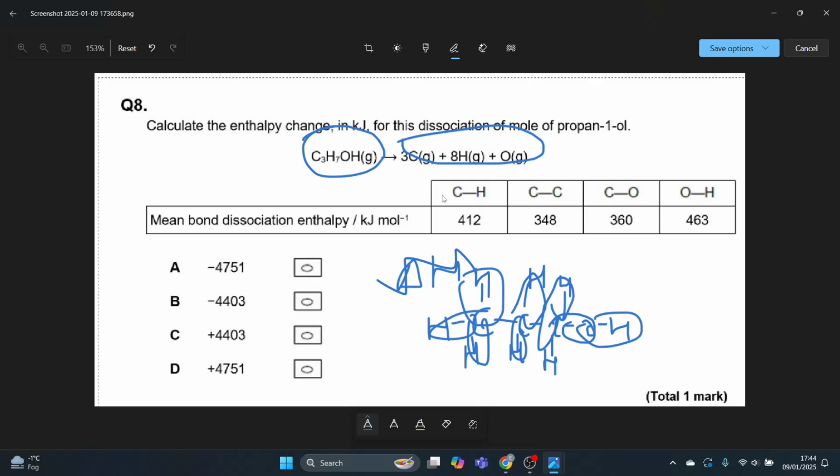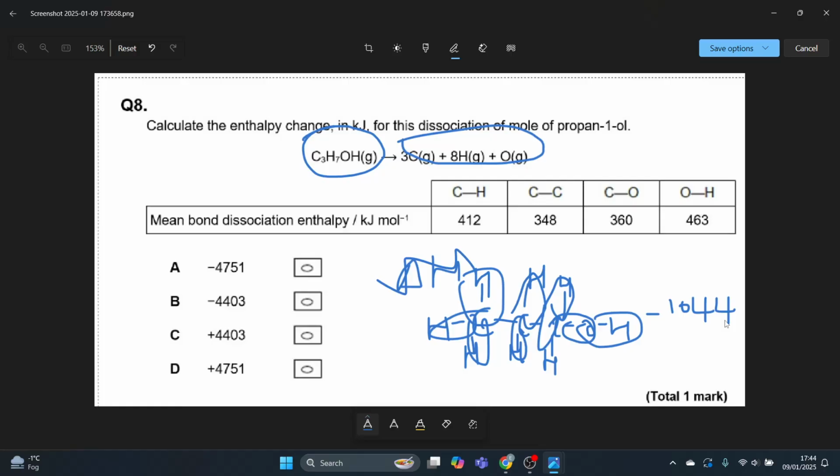So we've got 3 carbon-carbon bonds, 3 times 348, plus the H's by themselves. We're not going to include that because we don't have the mean bond dissociation enthalpy for that. Plus O, no, we don't have it for that either. So it's going to be just 3 times 348, 1044.